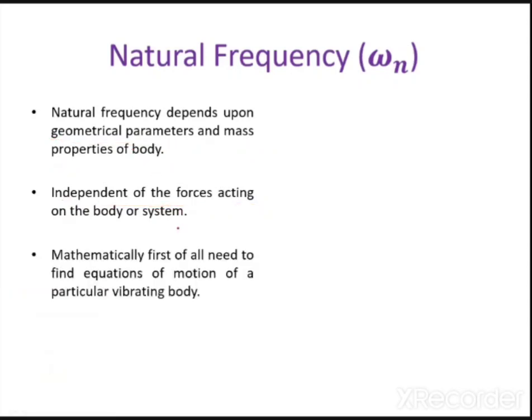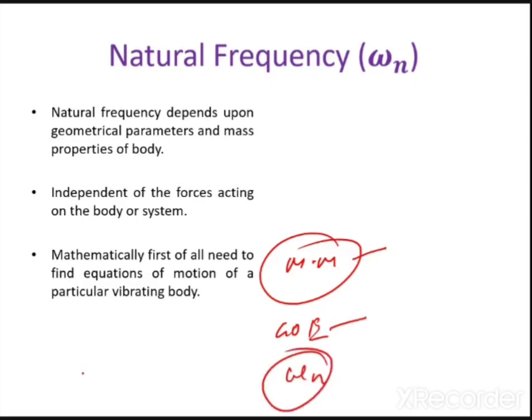Mathematically, first of all we need to find the equation of motion of a particular vibrating system. As I said, you have to do the mathematical modeling and then find the equation of motion, that is, the governing equation. Unless you do the mathematical modeling and calculate the equation of motion, you cannot find omega, the natural frequency.